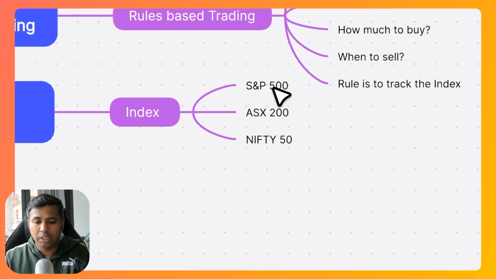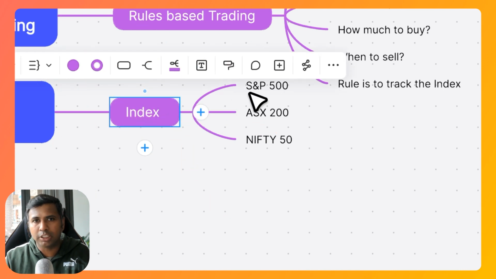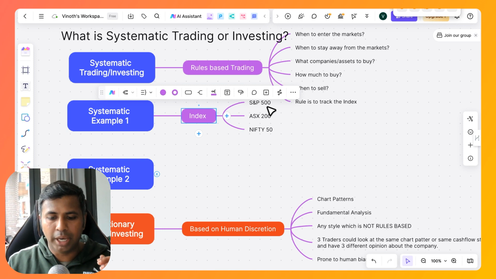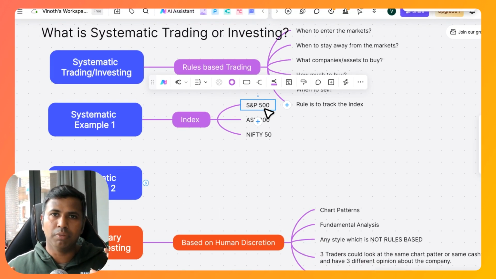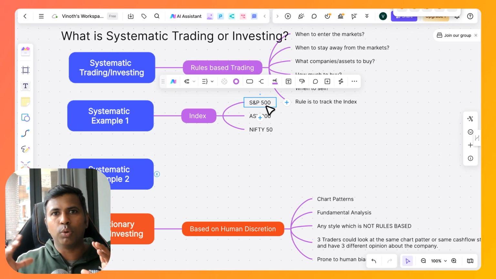Now the index funds or the index strategy merely track the respective index. Within the index, changes happen over a period of time.